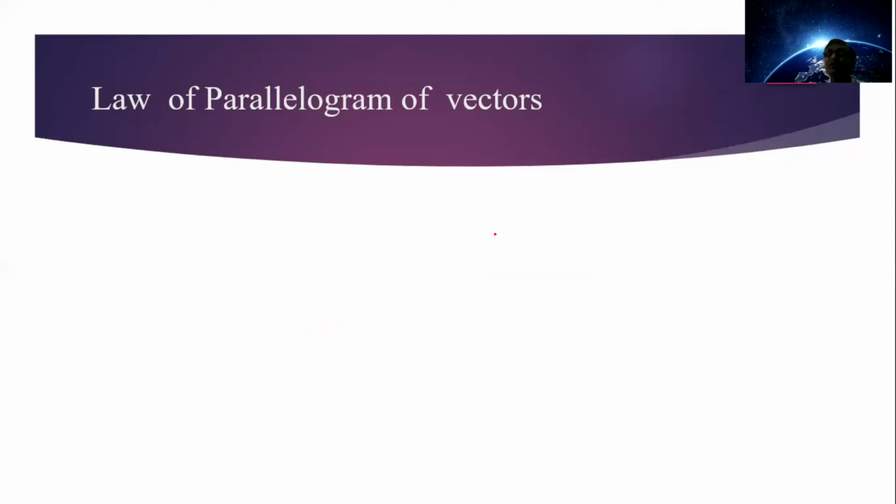Now let us see about the law of parallelogram of vectors. Now we have seen about the addition of the vectors. In that case, the vectors are to be taken in order like this. Suppose here the vector A and here vector B. Then this is A vector plus B vector. These vectors are to be taken in order.